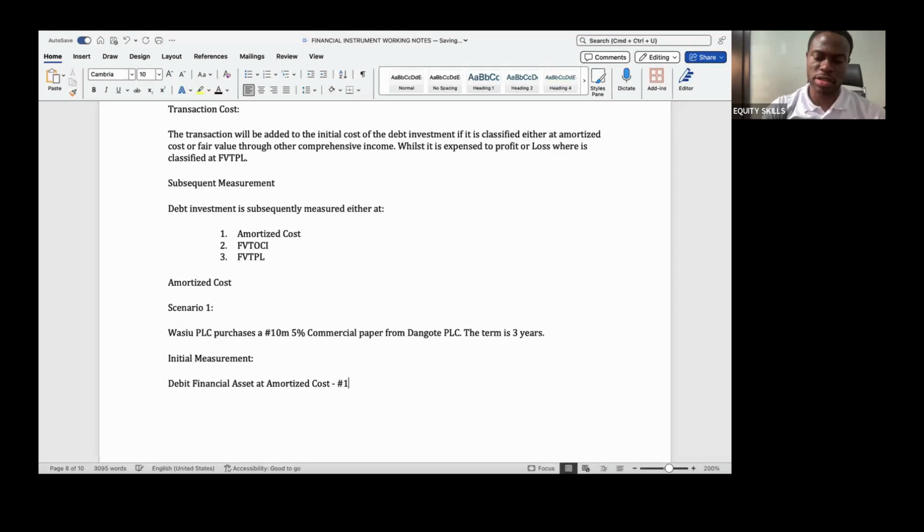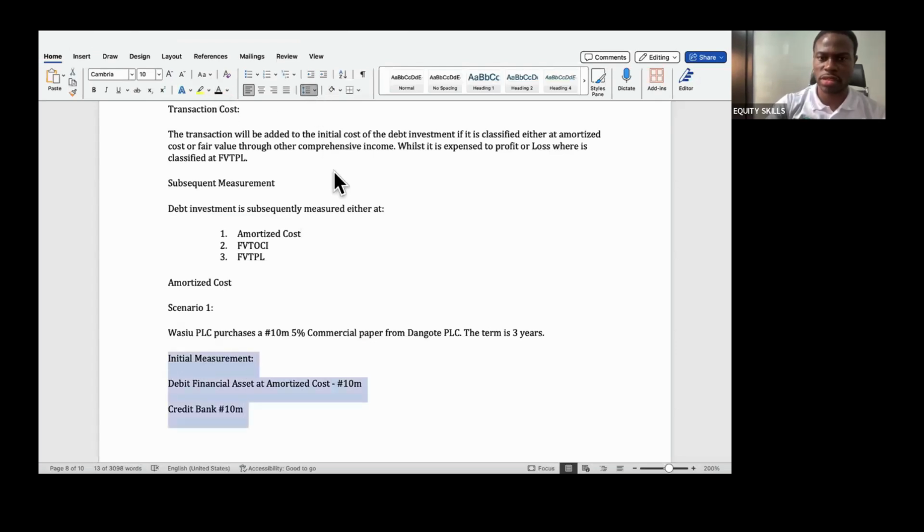You just put 10 million in your books, and of course, you credit bank because you're going to pay with the same 10 million. That is the initial measurement for you.